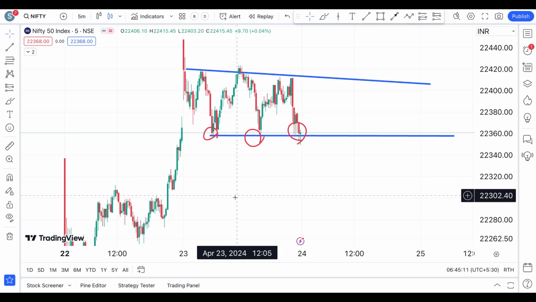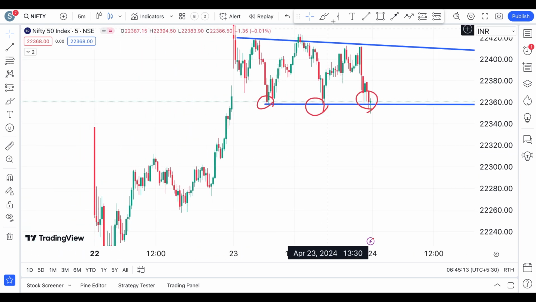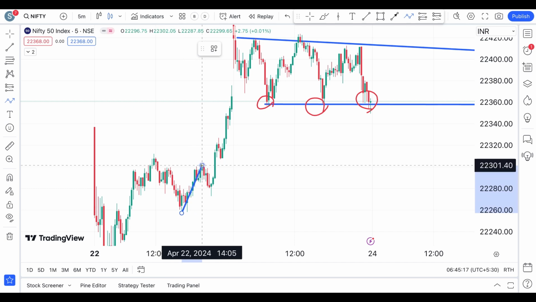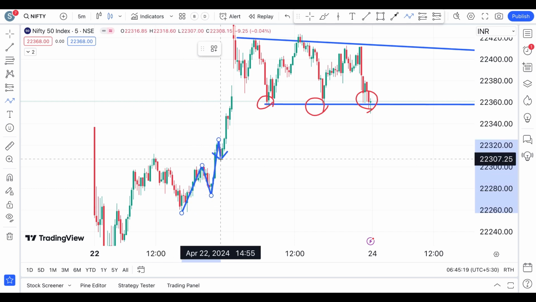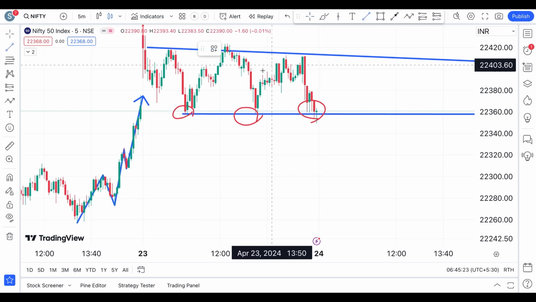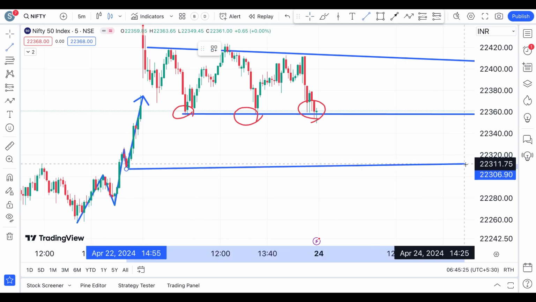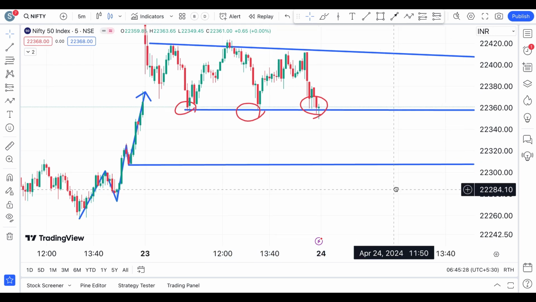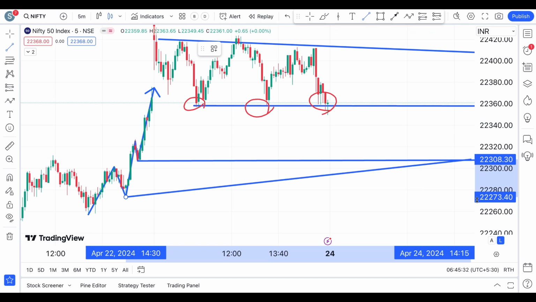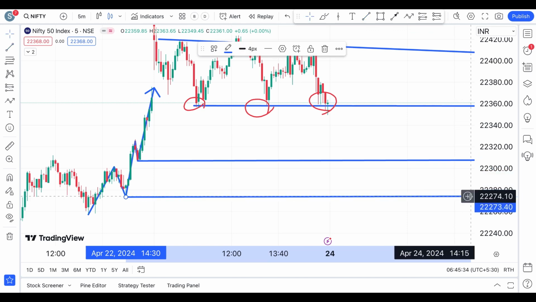And now, if you notice towards the downside, if you mark the swing momentum of this price action of Nifty, we have got this. So all these swing lows are going to act as important levels for the Nifty. So let's mark this. Okay, we have this.